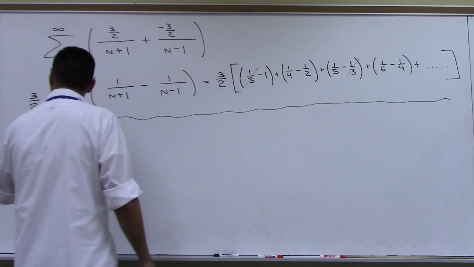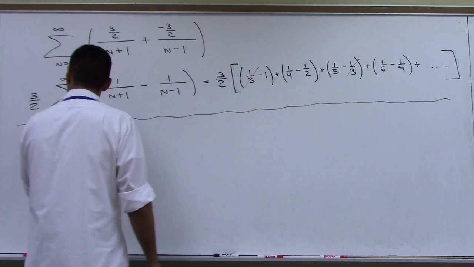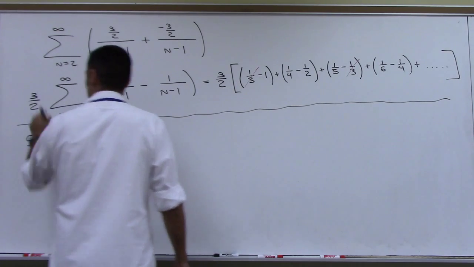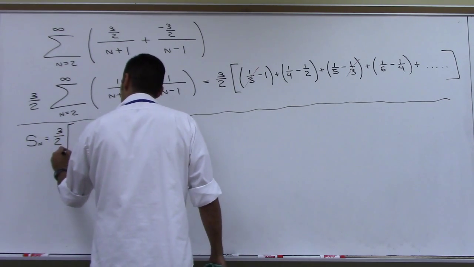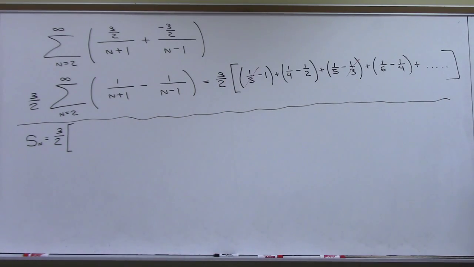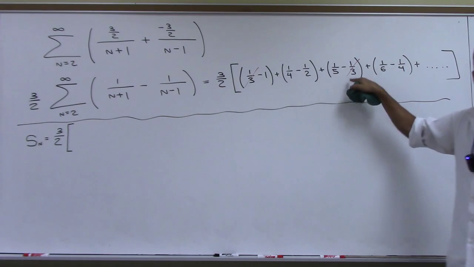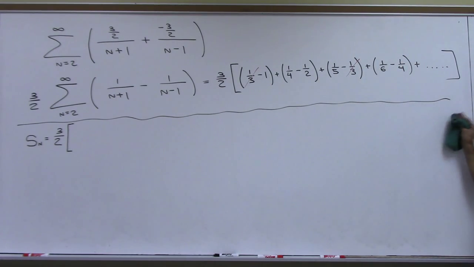The partial sum will be equal to 3/2. So I'm carrying that with me. And then let's write out this partial sum. This is where I'm going to have to write real small. The first piece of the partial sum is this. So I'm just going to repeat this, right? The only difference is I'm going to have to add a tail piece onto this.